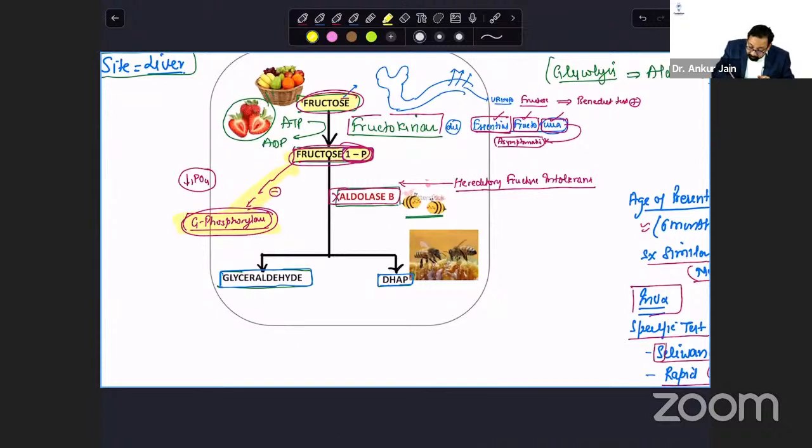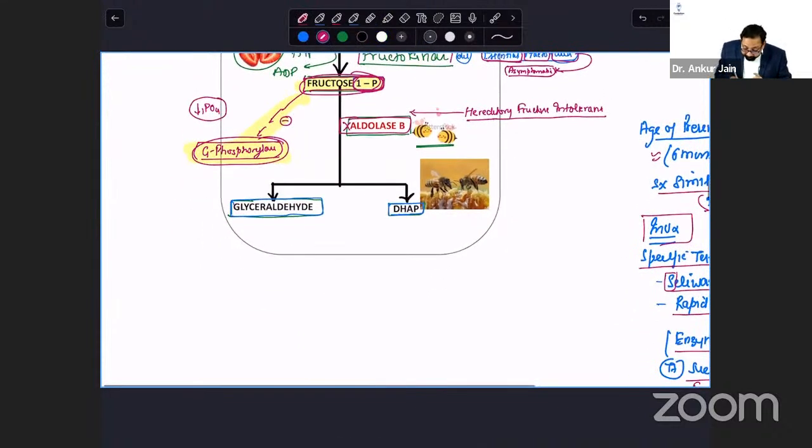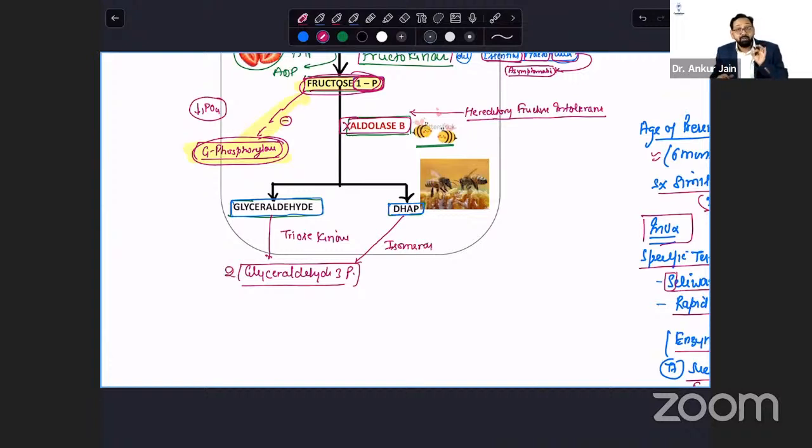Now, glyceraldehyde is converted to glyceraldehyde 3-phosphate by triose kinase, which transfers a phosphate group, so phosphate will be attached. DHAP will be converted to glyceraldehyde 3-phosphate by isomerase. So two molecules of glyceraldehyde 3-phosphate will be produced in fructose metabolism.